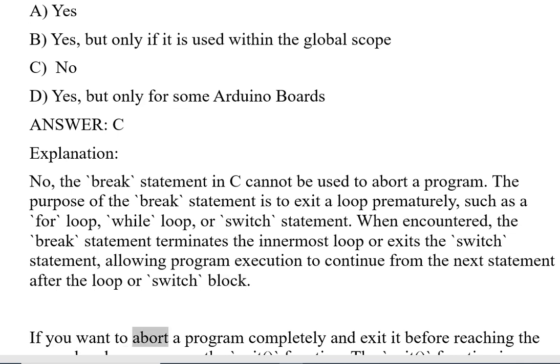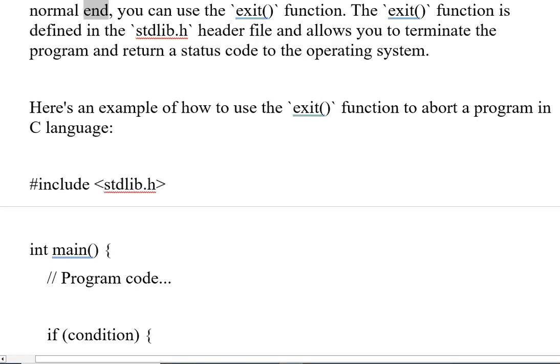If you want to abort a program completely and exit it before reaching the normal end, you can use the exit function. The exit function is defined in the stdlib.h header file and allows you to terminate the program and return a status code to the operating system.